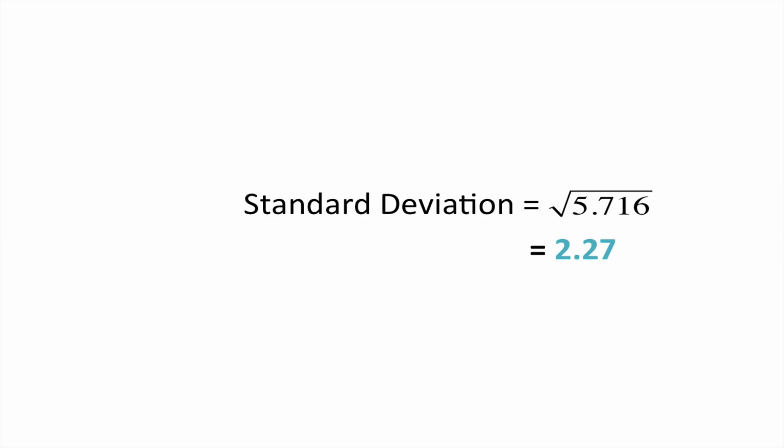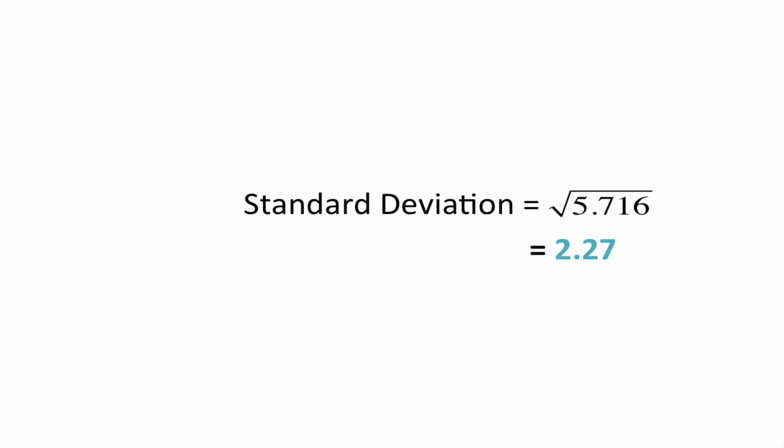So a good takeaway from this video is that often people just want to calculate standard deviation from the data, but you have to calculate the variance first and then square root the variance to get back to the individual units.